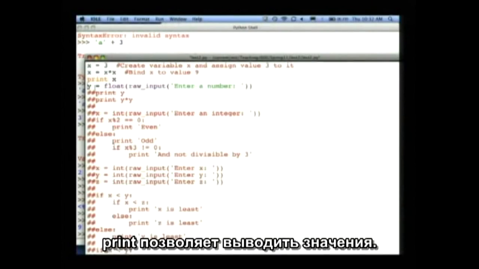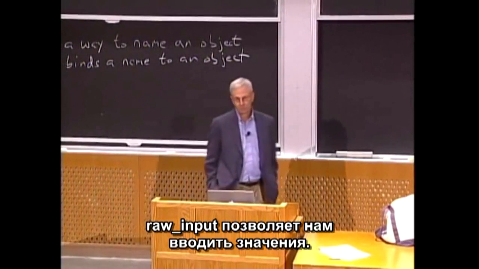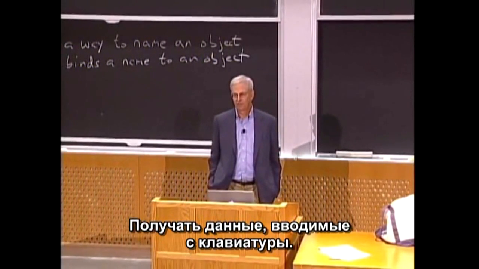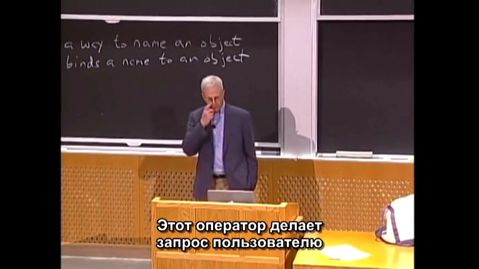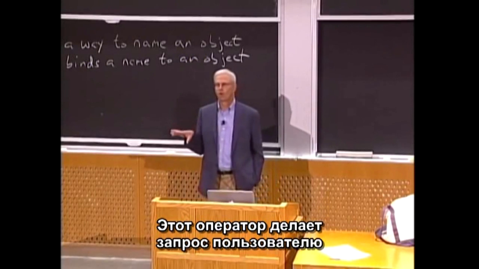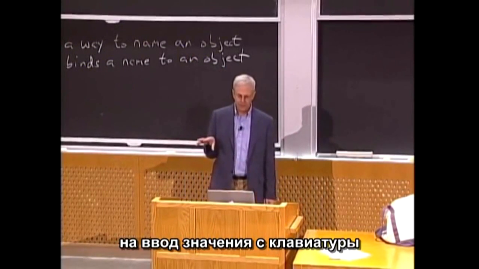Print lets us output things. Raw input lets us input things, get things from the keyboard, essentially. So the statement here is making a request to whoever is using the program to enter a number.